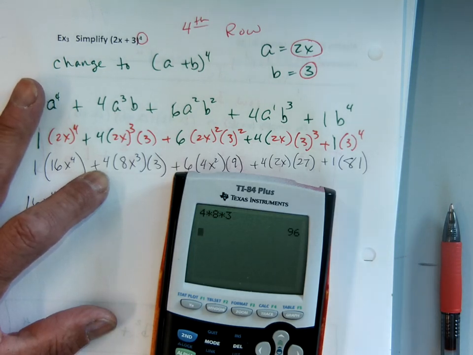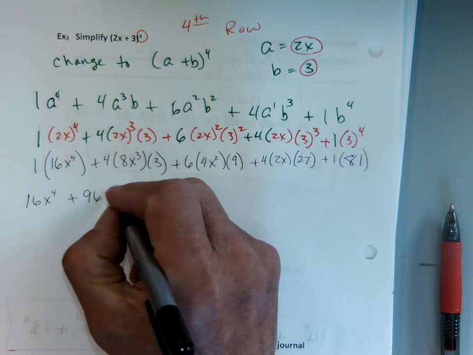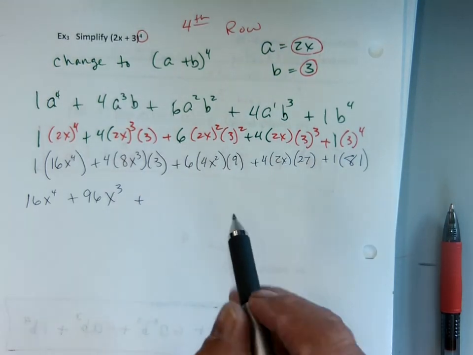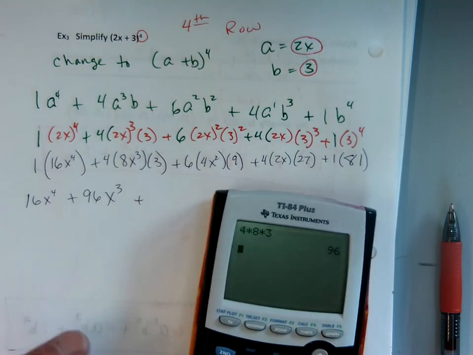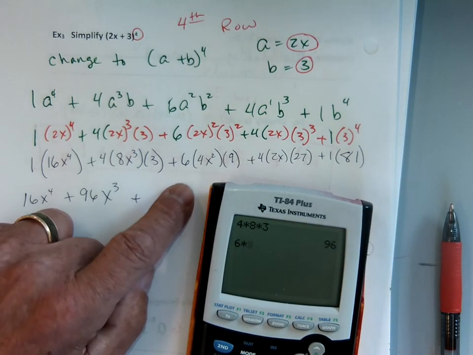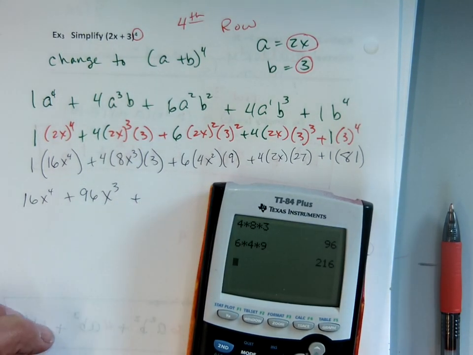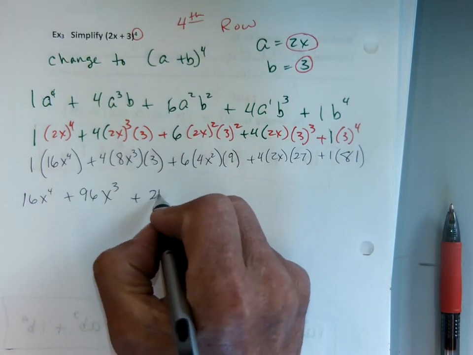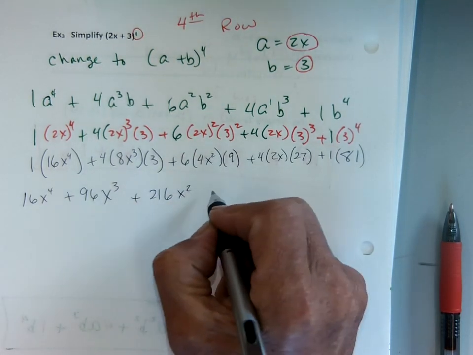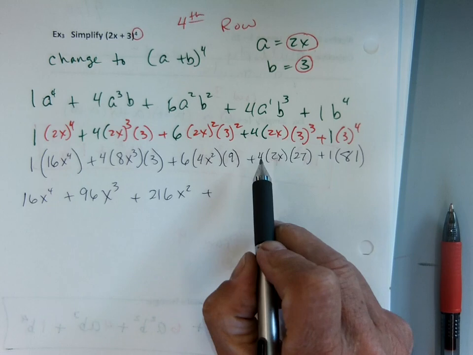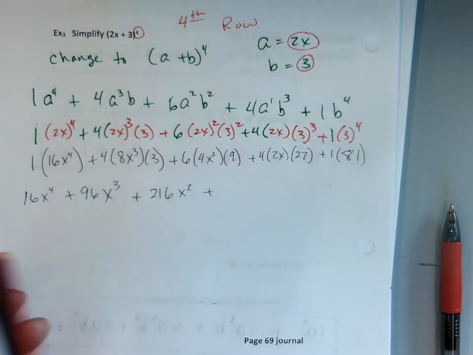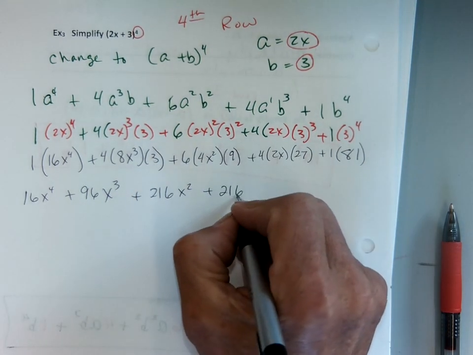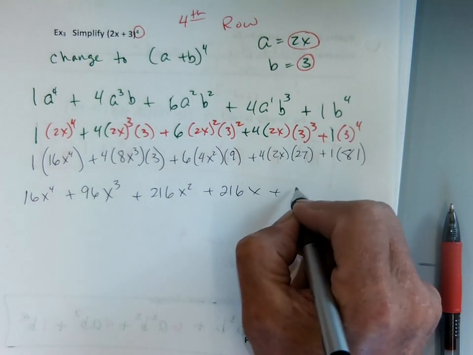I get 96, x cubed. Plus, what is 6 times 4 times 9? Well, 6 times 4 times 9 is 216, x squared. Plus, what is 4 times 2 times 27? 4 times 2 times 27 is 216 again. Plus 1 times 81 is 81.